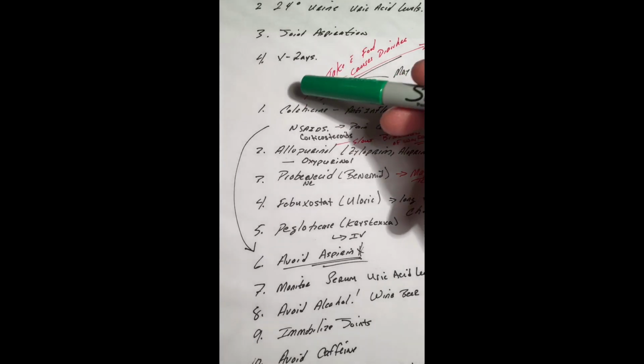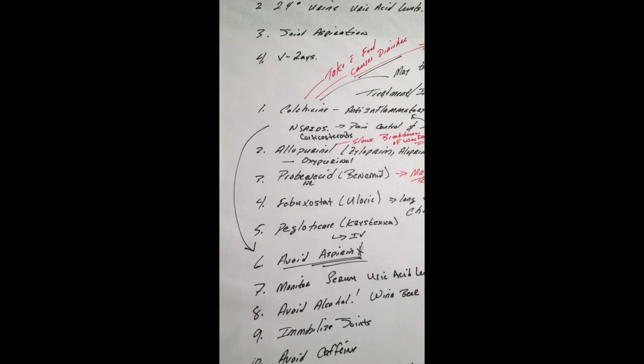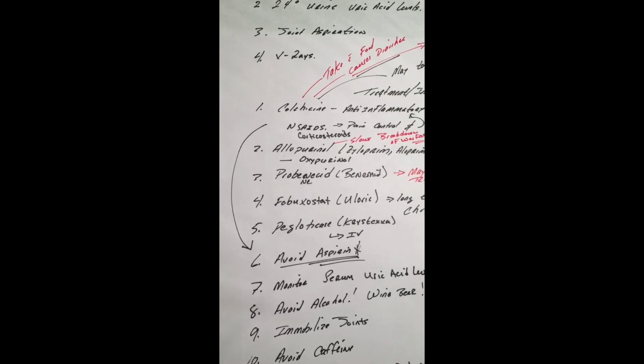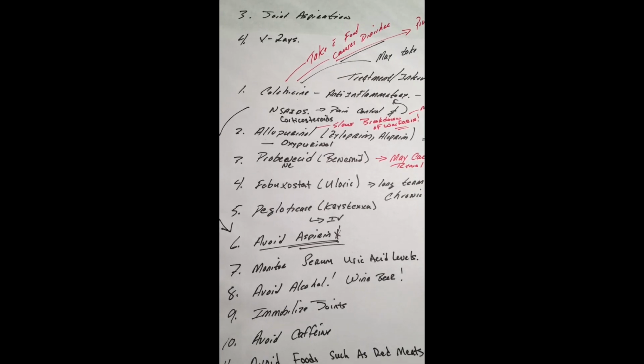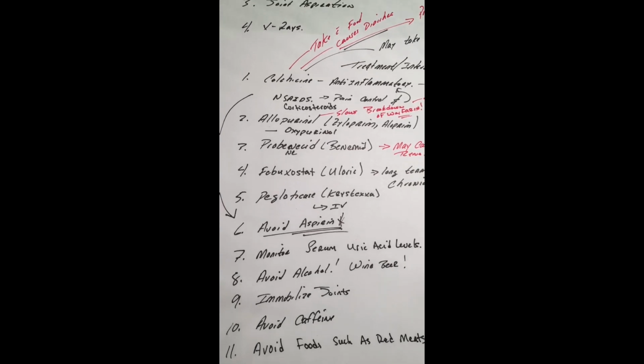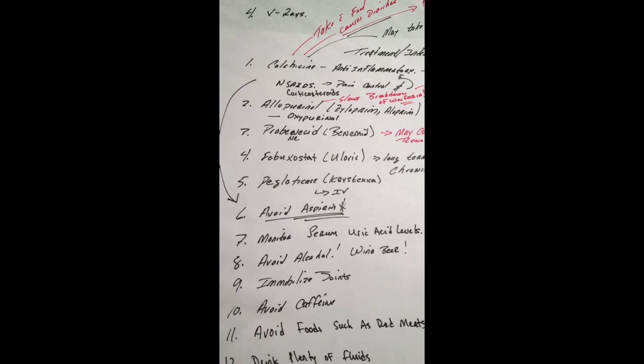Now, you're going to be giving all of these medications or some medications, and the hope again is to bring uric acid levels down. So in order for you to know if your medications are actually having an effect on the patient is to monitor their serum uric acid levels. You will also tell your patient to avoid alcohol, any wine, any beer.